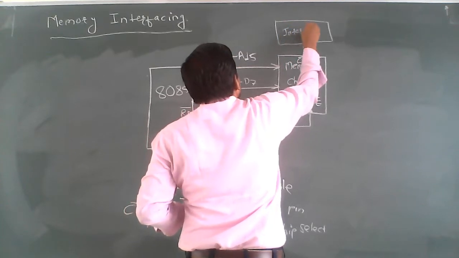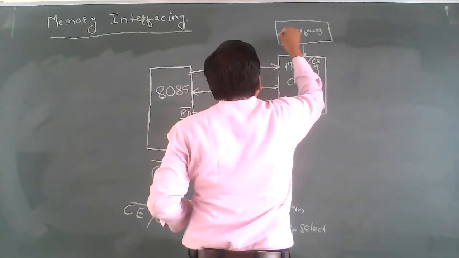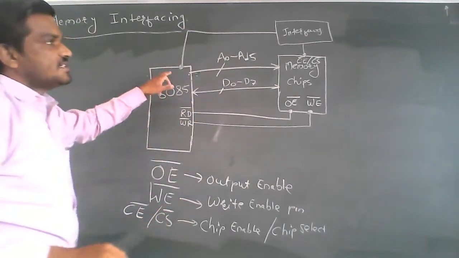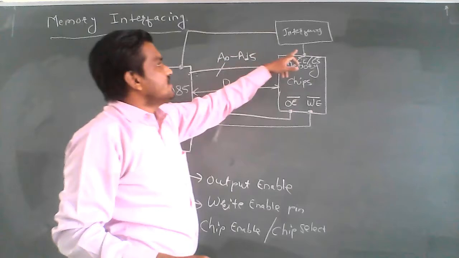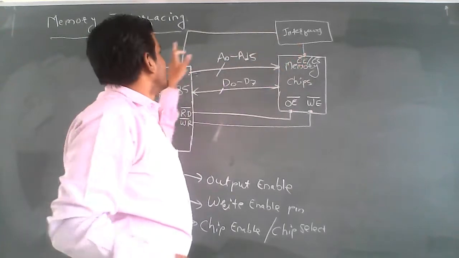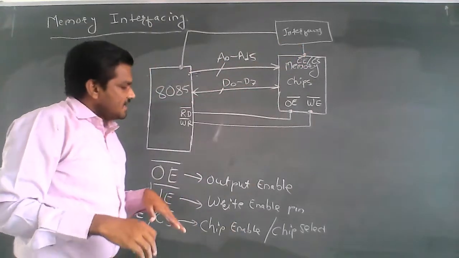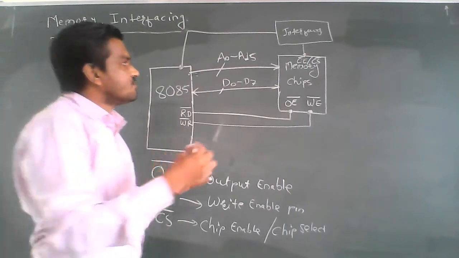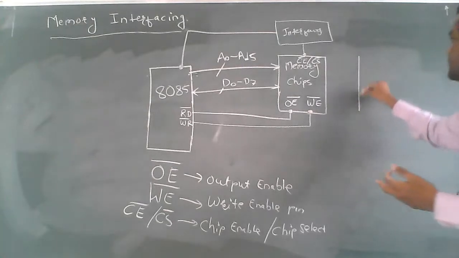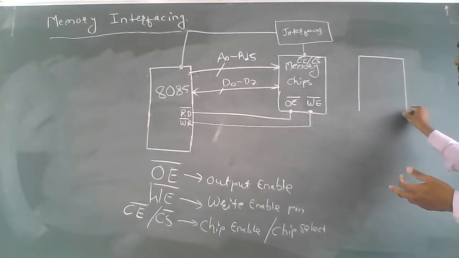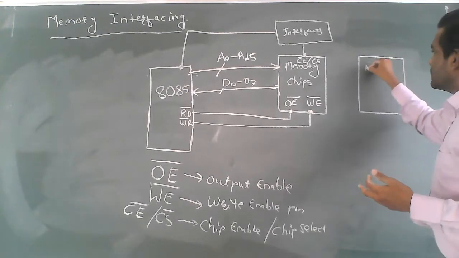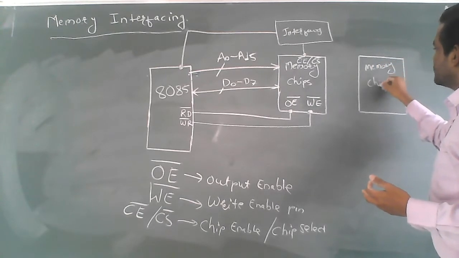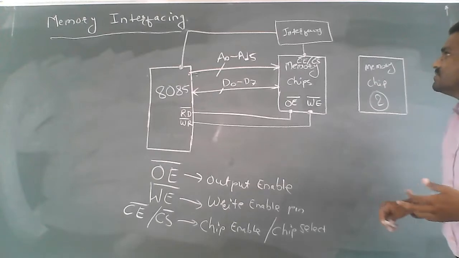This is your interfacing circuitry, and it is connected to your microprocessor. So this is your chip select pin. Now, in any example, if we have multiple chips, likewise attaching here another chip, this is my another memory chip, memory chip 2.